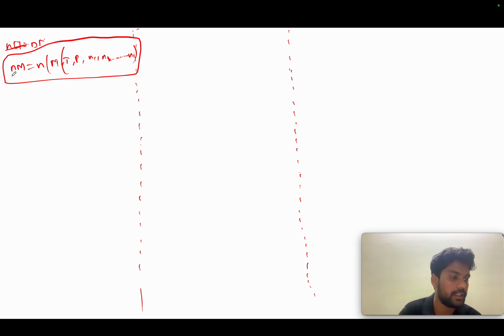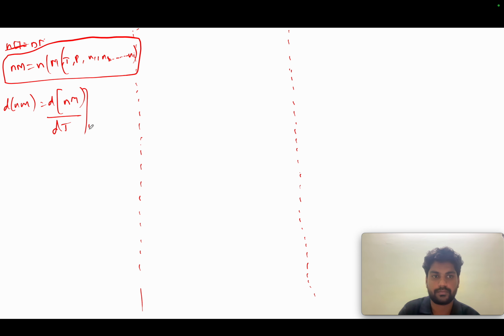Now I am applying the differential equation on both sides, so you know this equation, right? At constant T, P, n_i, and so on.